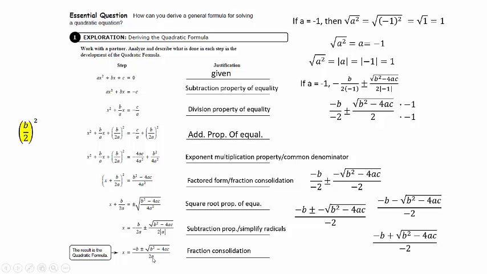This is true. 2a would get you negative 2, which is what I have. And it doesn't really matter about this absolute value because you're going to have a plus minus. All that's going to do is change whatever sign you have, but you're still going to have a plus and a minus. So you're not going to be asked to prove this or anything, but that is their logic. That's how they're getting at that formula.